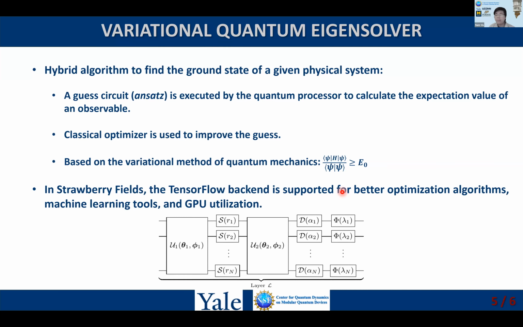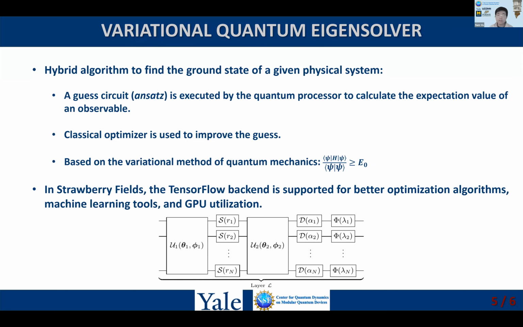It's called hybrid because the classical part is the optimizer. It's used to improve the guess of each parameter in the circuit and pass them onto the circuit so that the quantum processor will be able to execute the circuit and update the parameters, so that we can optimize the quantity, or the observable, that we want to.